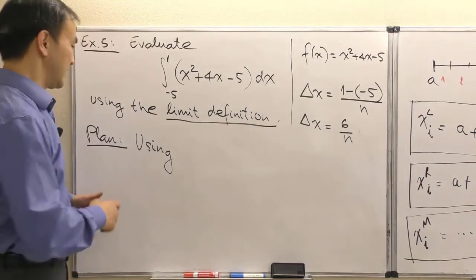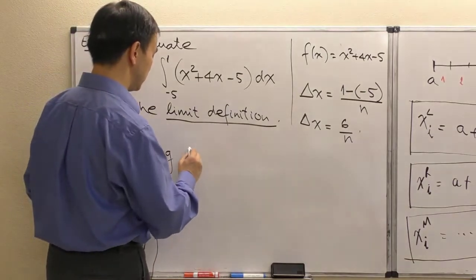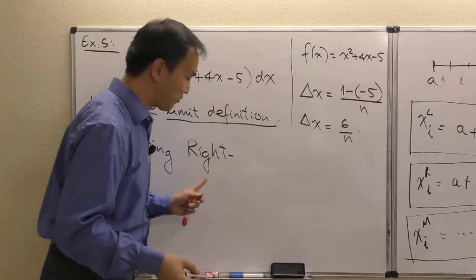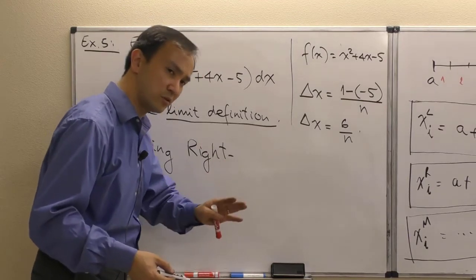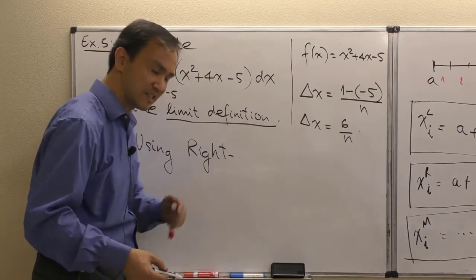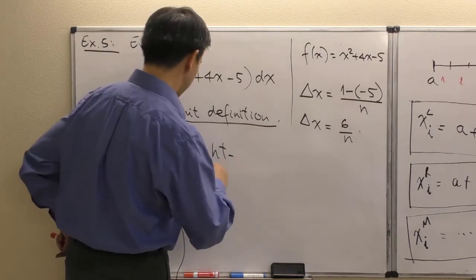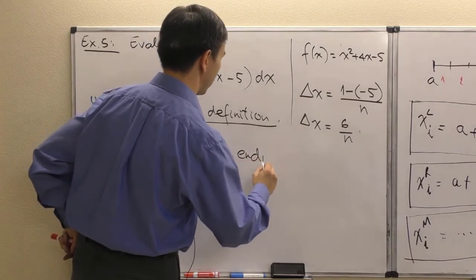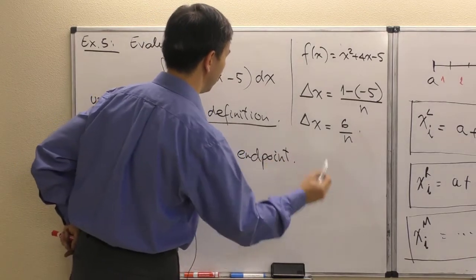Even if I was using the midpoint rule for the Riemann sum, it's still going to give me the exact same answer as well. So let's use right endpoint.